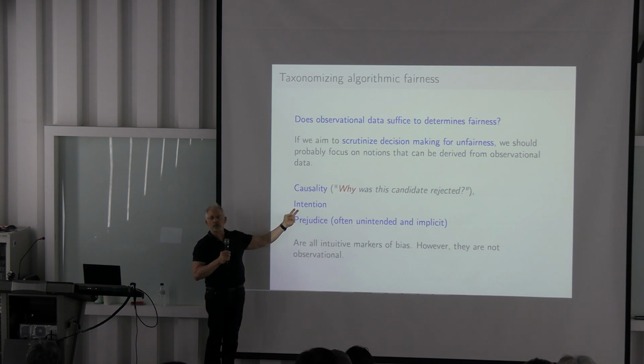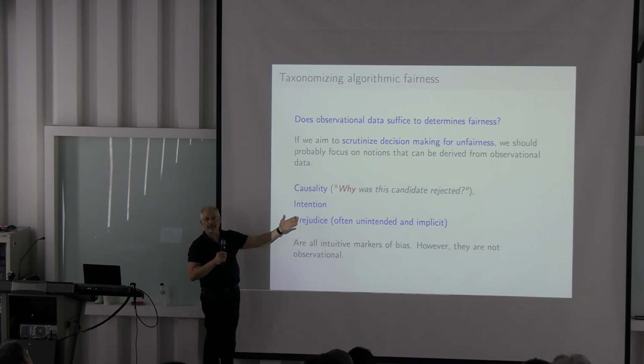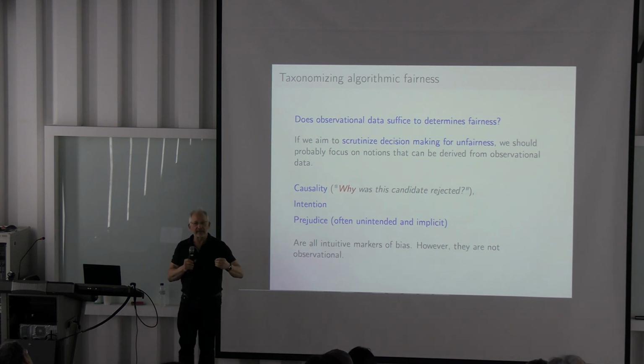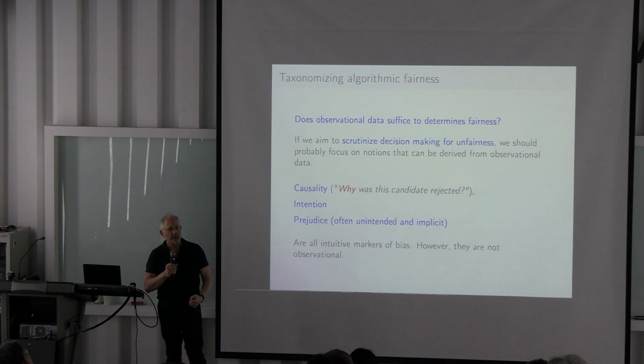Similarly, our notion of fairness depends on intention. Our notion of fairness depends on prejudice, in contrast with intention, where sometimes you have a prejudice that you're not even aware of, that it's unintended, it's implicit. So all those things play a role in our intuition of what is fair and not fair.